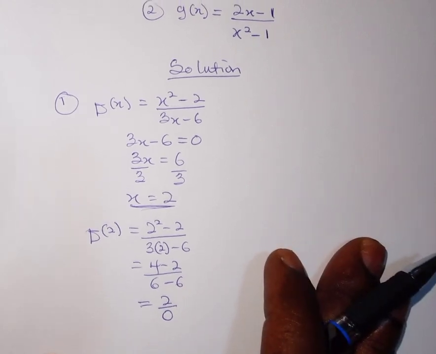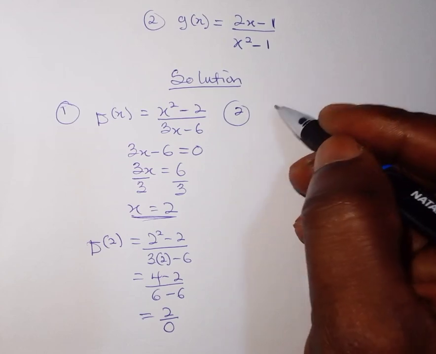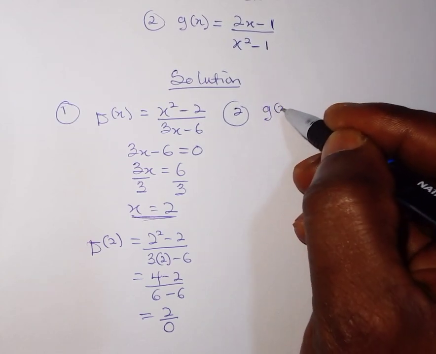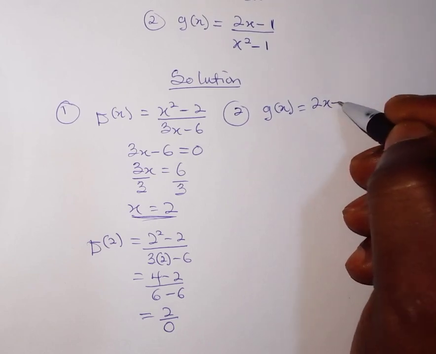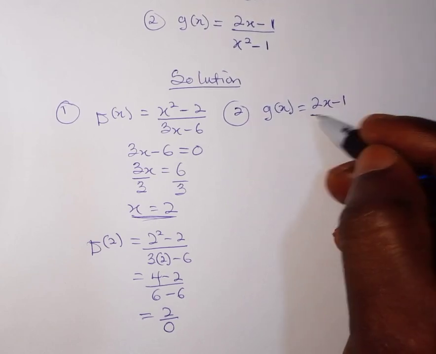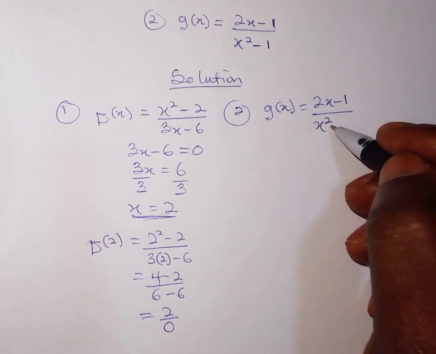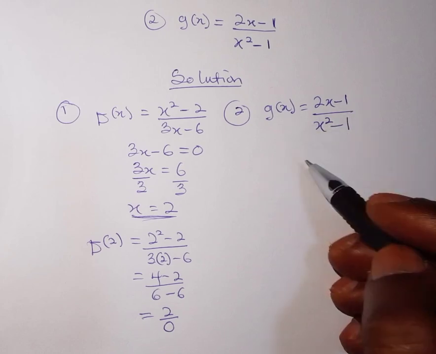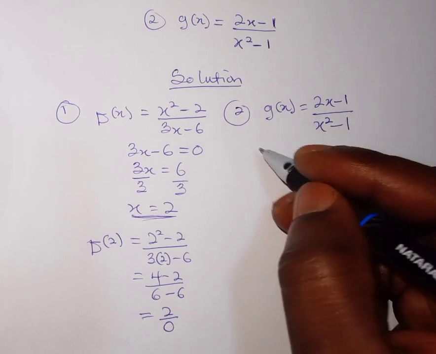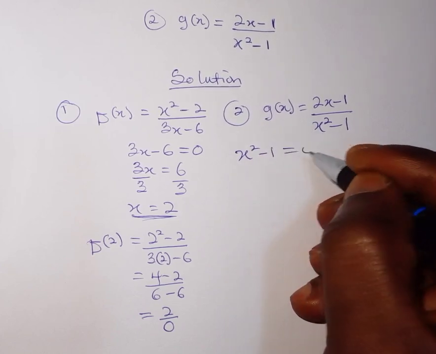Now let's look at example 2. For example 2, we are saying g at x is equal to 2x minus 1 divided by x squared minus 1. This one too, the function can only be undefined if x squared minus 1 is equal to 0.